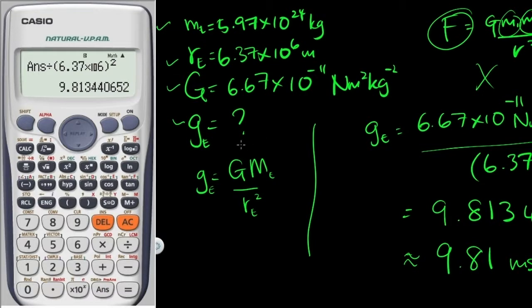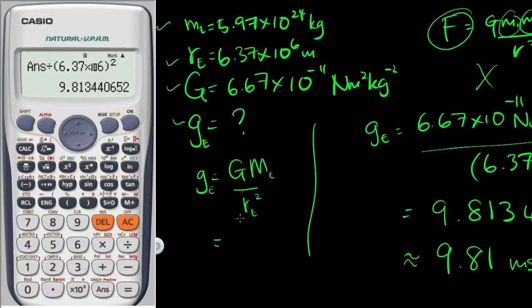Sometimes some students ask me, how can we determine the unit? So of course the unit also we can get by using this formula, but we substitute with the unit. Let's put it here, G. So what is the unit for G?